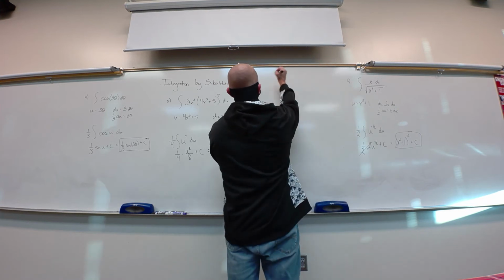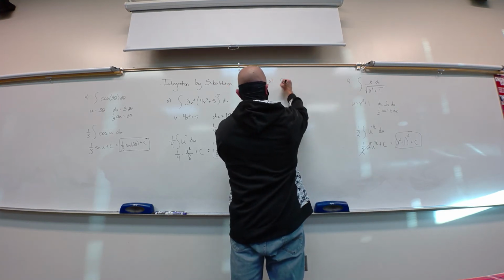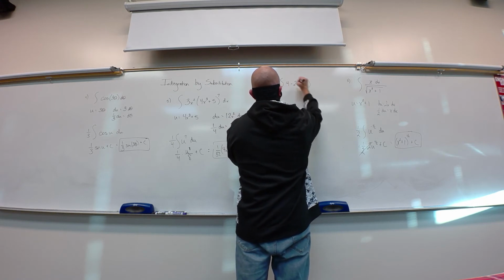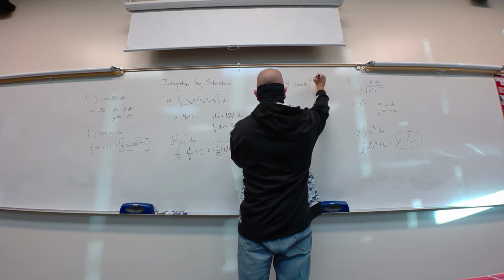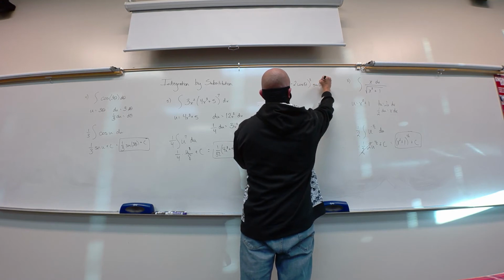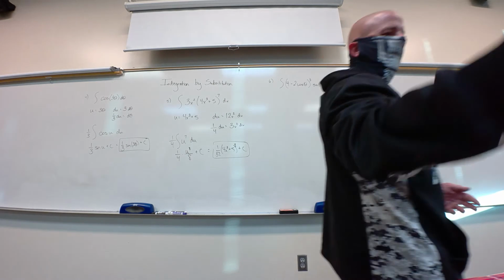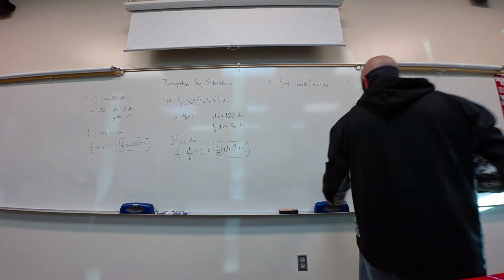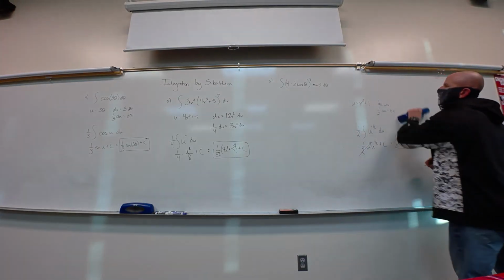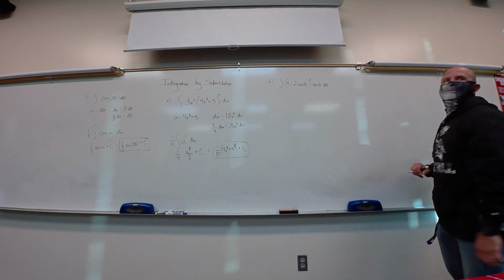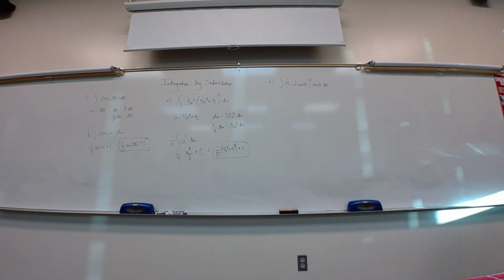Different look here. Let's go: integral of 4 minus 2 cosine theta cubed times sine theta d theta. Definitely ugly looking. We get this simplified.